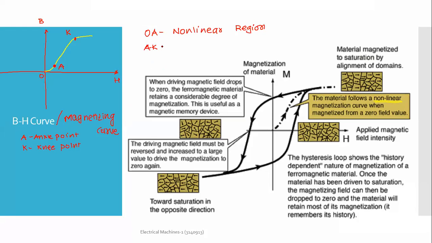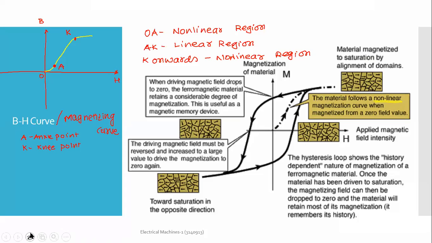A to K is the linear region, and I'll explain the meaning of linear and non-linear region on the BH curve. And from K onwards, again it is a non-linear region.